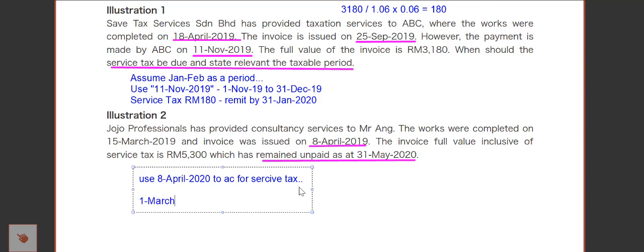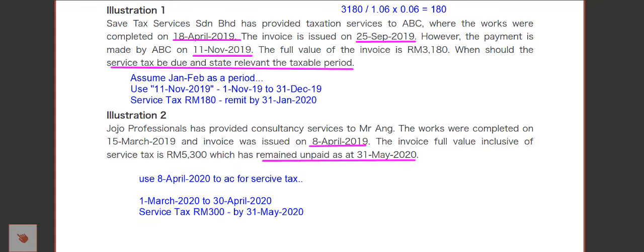So it's 1st March to 30th April 2020. So the service tax in this case is 300, right? It will be remitted by 31st May 2020. So look at the date, how we have determined the date.